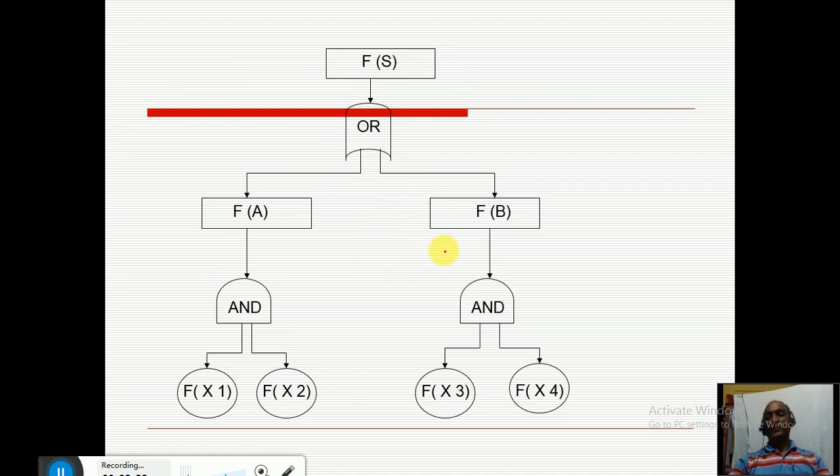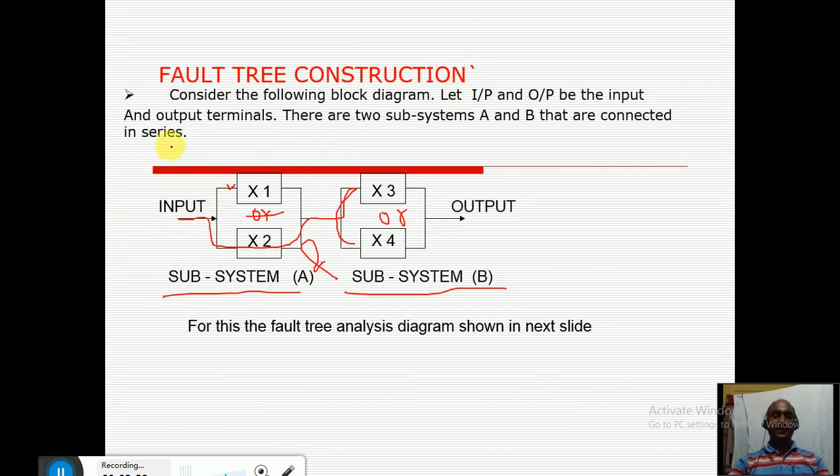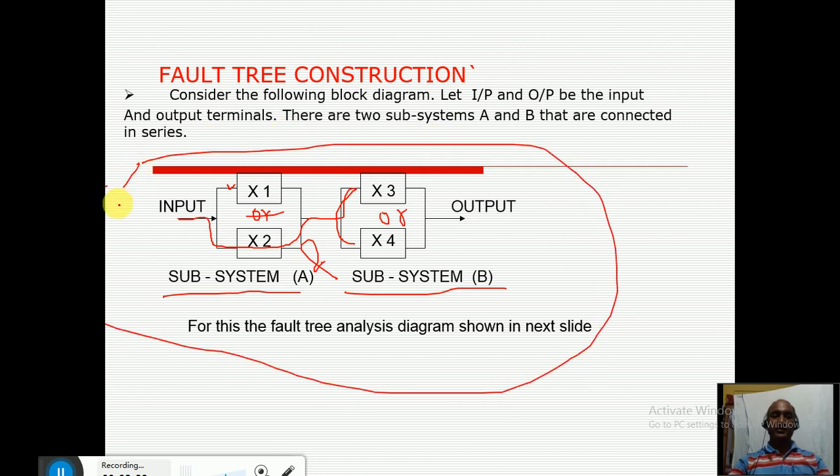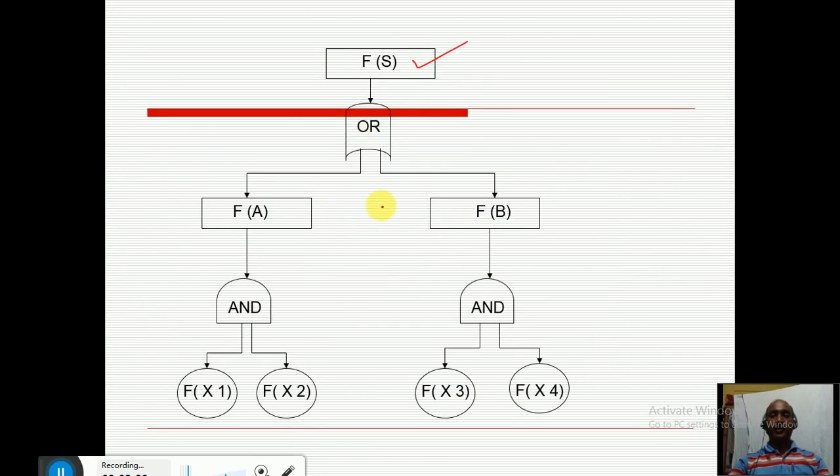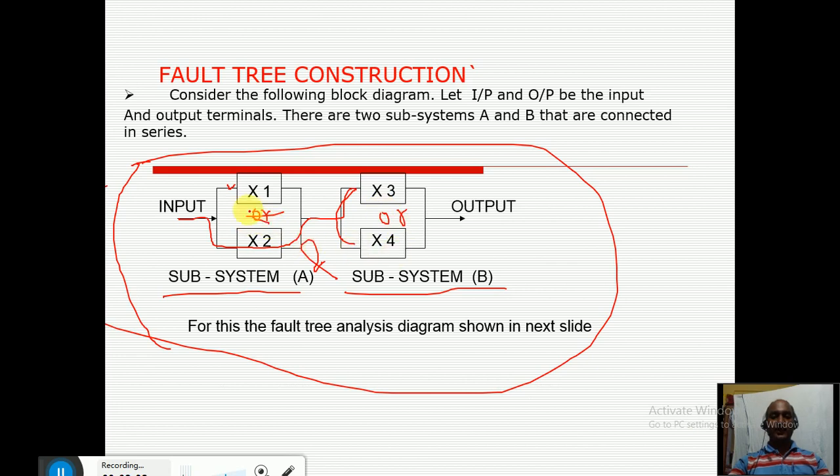So now to construct this, you can see failure of S, that is failure of system. You can see this is FS, this is complete FS, failure of system. So that will happen either of these two fails. Okay. So sorry, here must be AND, and here must be OR.